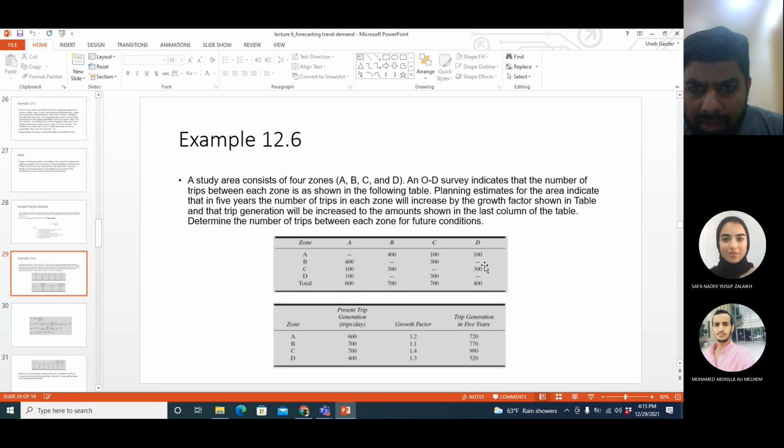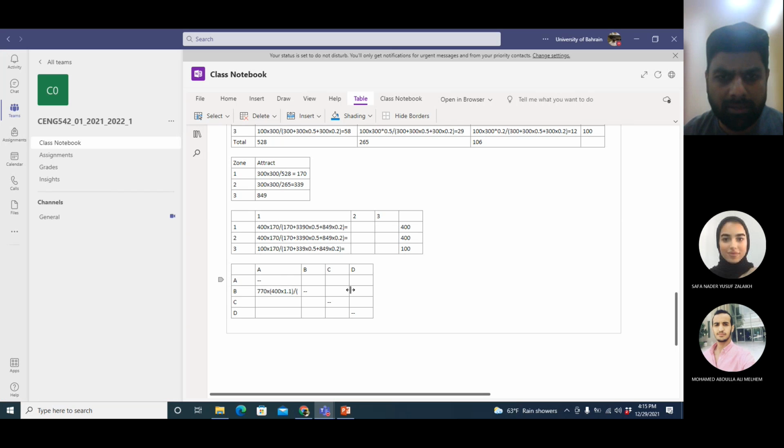So I'm taking the current trips from B to all zones, which is 400 and 300. Again, we don't have anything in these cells. Let me make this one empty as well so we don't make any mistake.